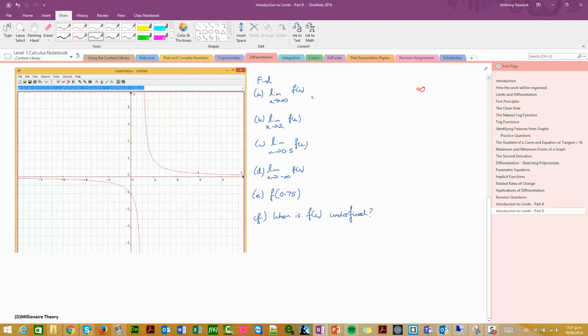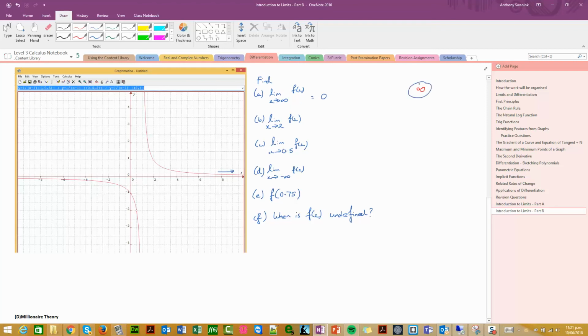And if we look at the graph, if I make x extremely large, what's happening to the y values? Well, they seem to be decreasing. And if we kept on going and going and going across this way, the y values are getting closer and closer to 0. So that's simply what the limit is.